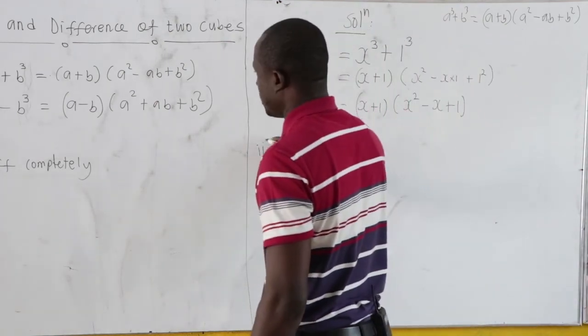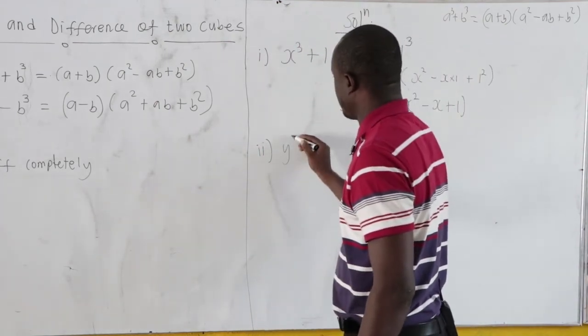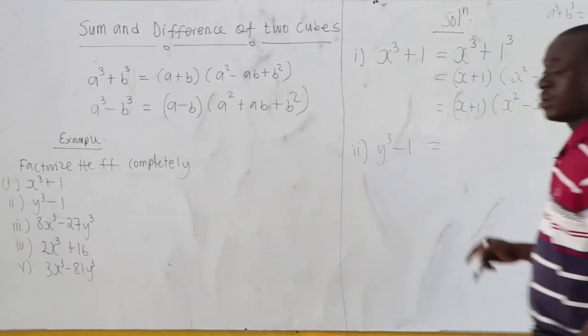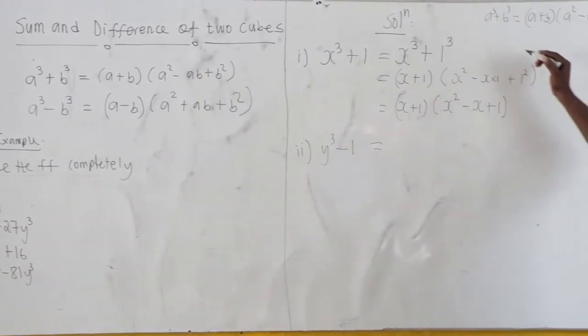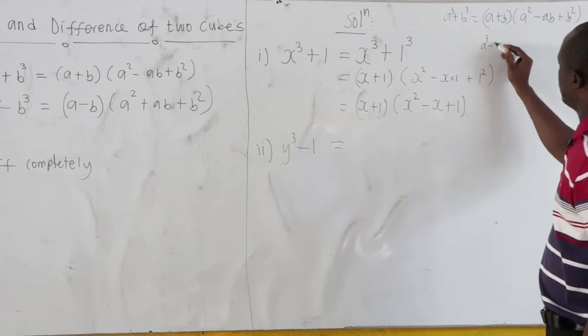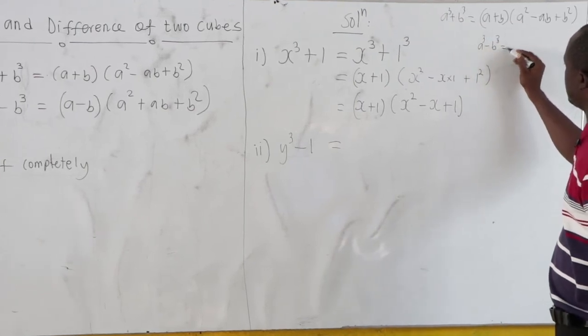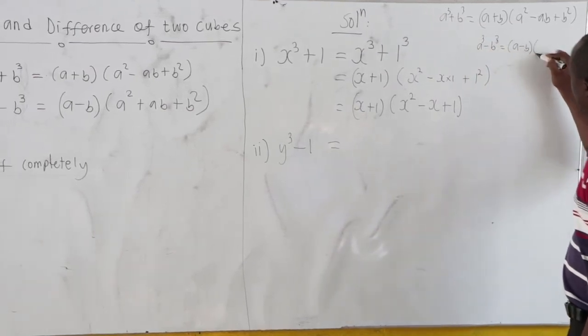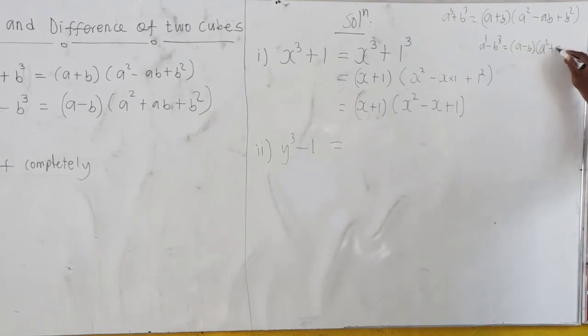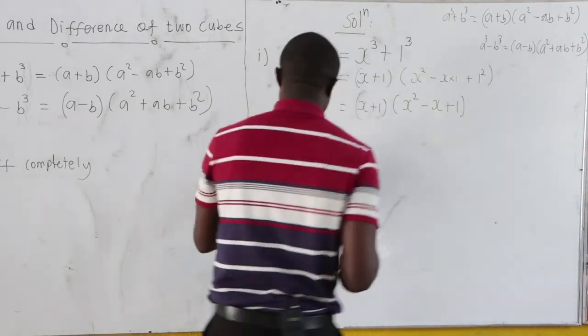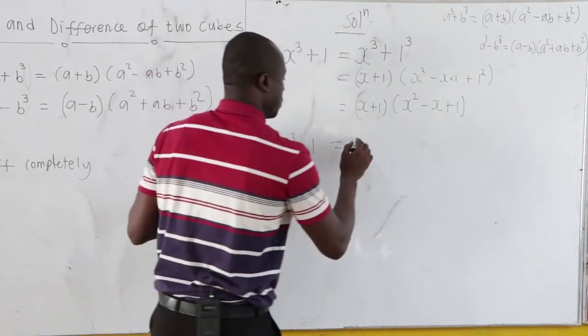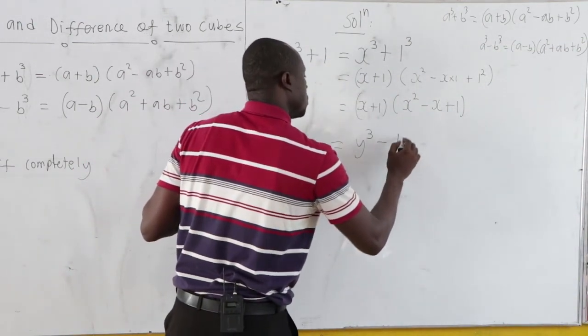Now let's see the second one. We have y cubed minus 1. Now if it is a cubed minus b cubed, it is a minus b times a squared plus ab plus b squared. So this is the same as y cubed minus 1 to the power 3.